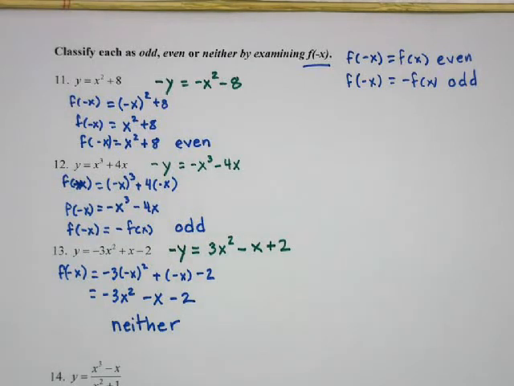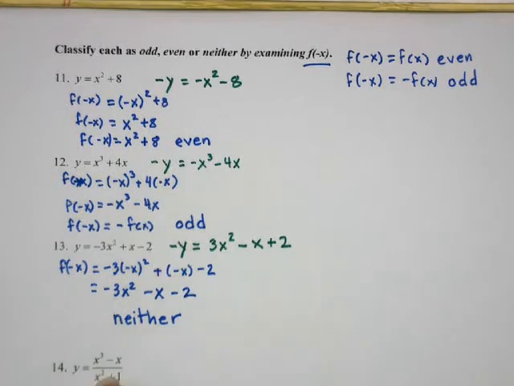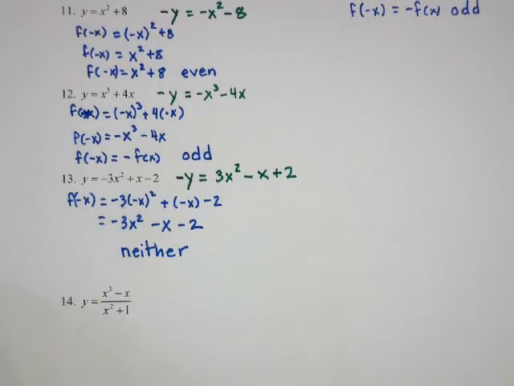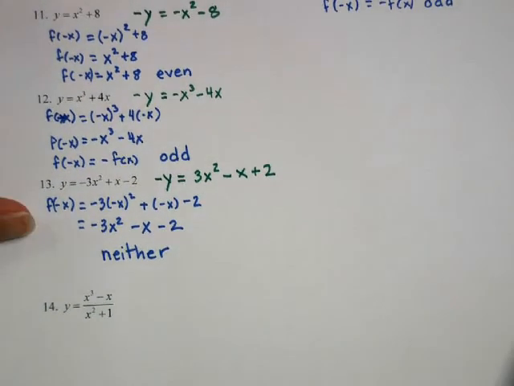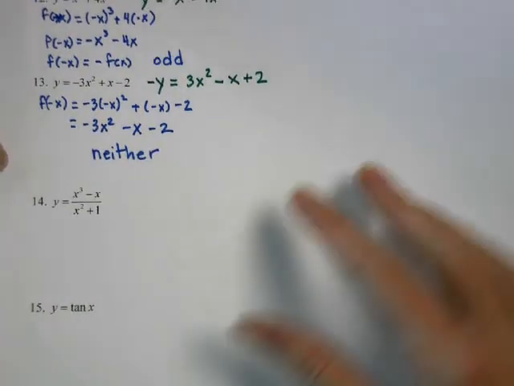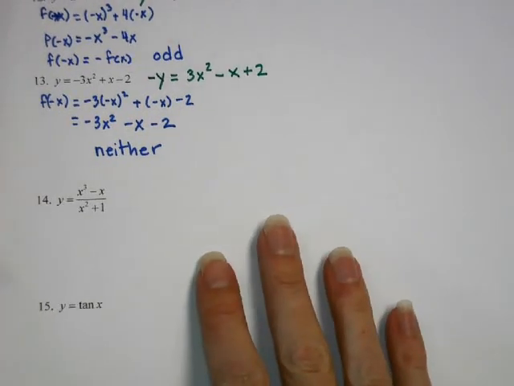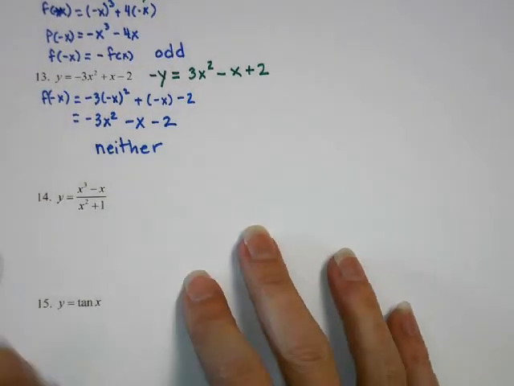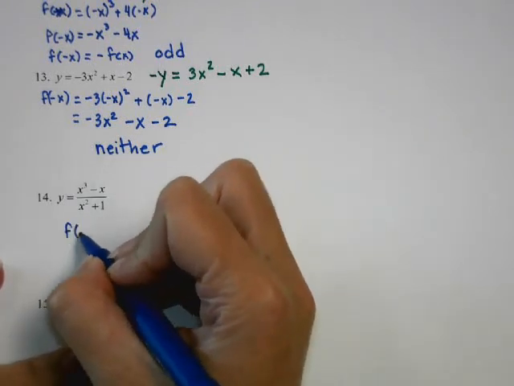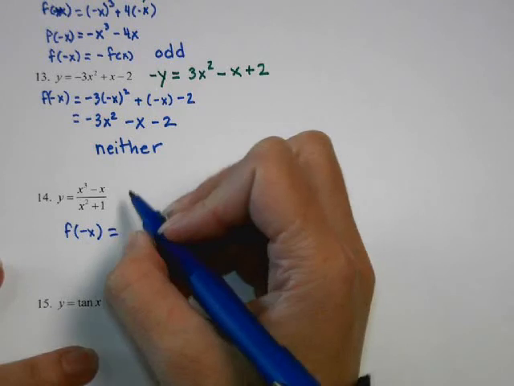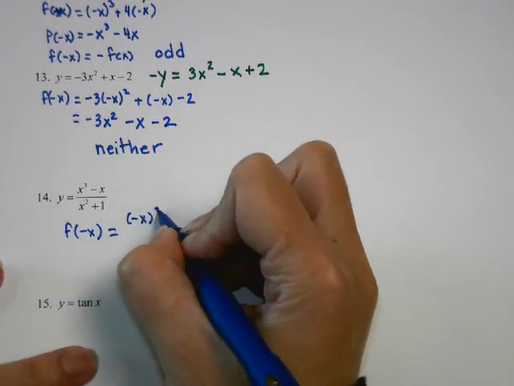Okay, this one's a little bit tricky because we're dealing with a fraction. Okay, so I'm actually going to do the evaluation, and then we'll go from here. So here, f of negative x, on top we'll have negative x cubed minus a negative x.